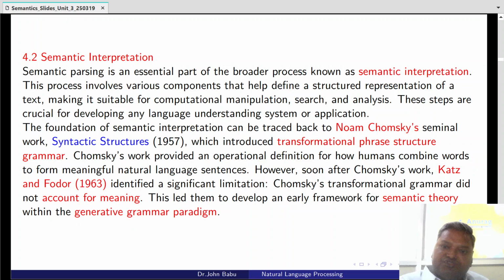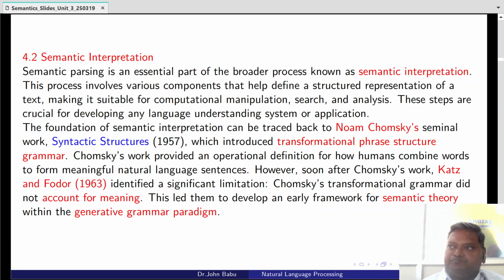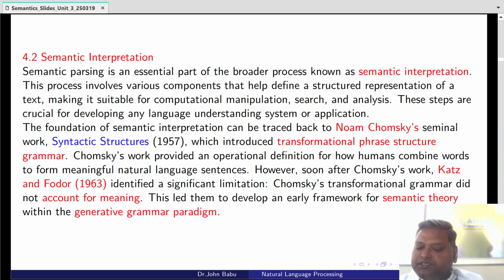Not only natural language processing, all the related language processing areas such as information retrieval systems, natural language processing, and speech recognition.